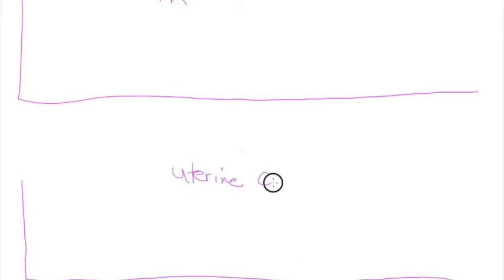That's going to be your maternal strip. We'll label this fetal heart rate. This is your uterine, or contractions.